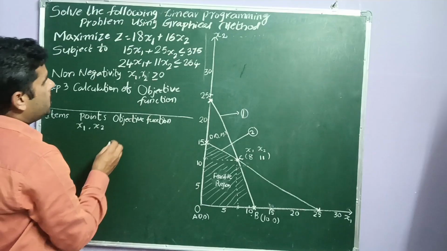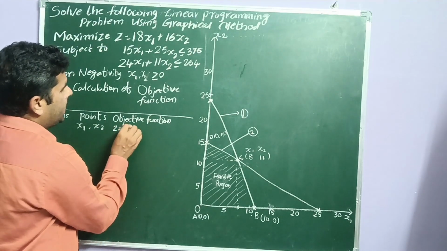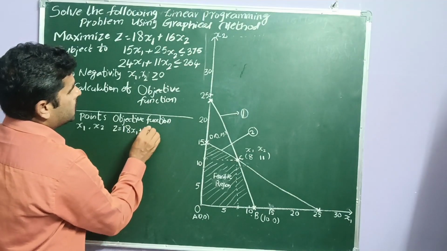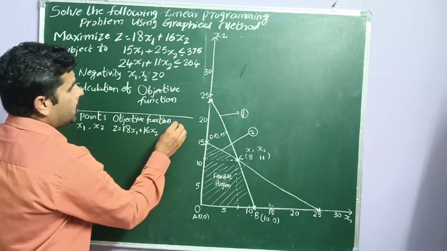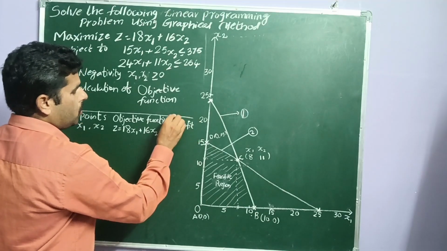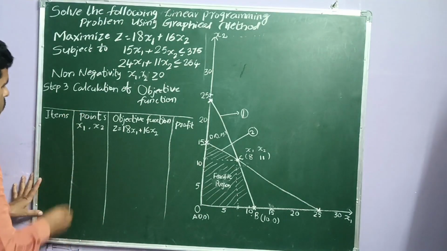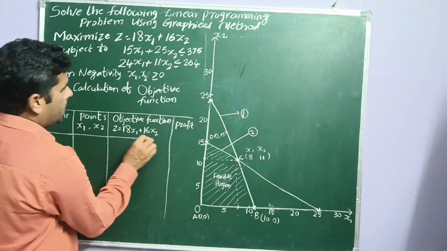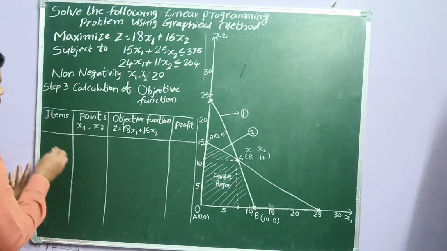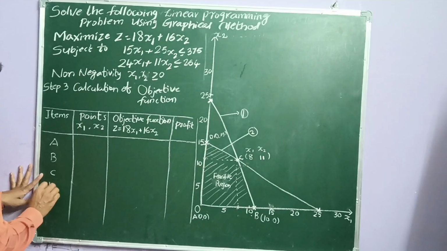The objective function is simply the question: z equals 18x1 plus 16x2. This is the profit value. Items: what are the items? The 4 corner points, that is A, B, C and D.